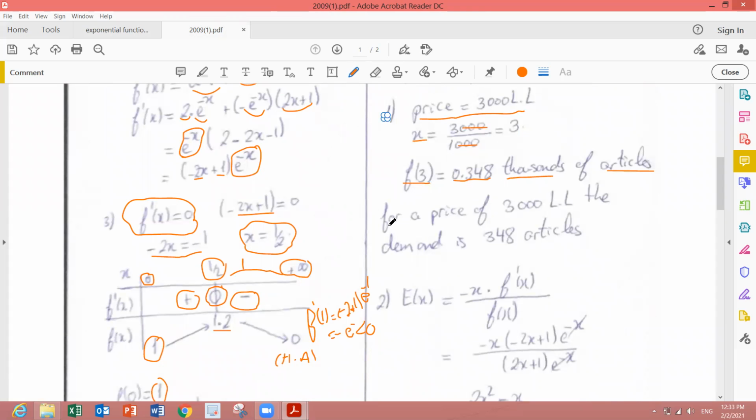So we have to say always for a price of 3,000 Lebanese lira, the demand is 348 articles. Always you have to mention this statement.